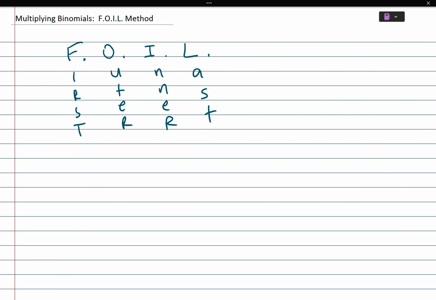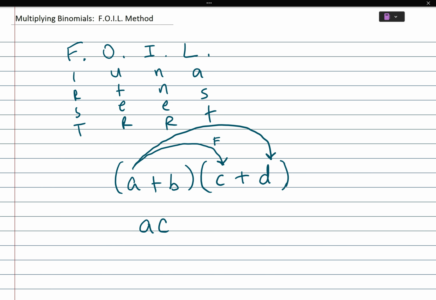First, outer, inner, last. Let's say we have this binomial, we'll call it A plus B, and it's being multiplied times another binomial, we'll call it C plus D. So first means we multiply the first two terms in each binomial. We go ahead and do that multiplication. You will get A times C is AC. The O is the outer.